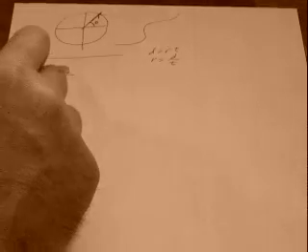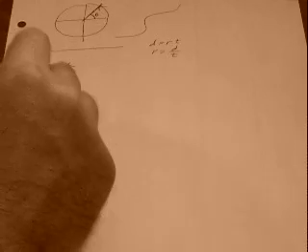So S represents distance, T is still time, and V stands for velocity. I'm not going to get into the difference between speed and velocity, but you will in calculus. Alright, so the velocity, or the linear speed, equals the distance divided by the time.